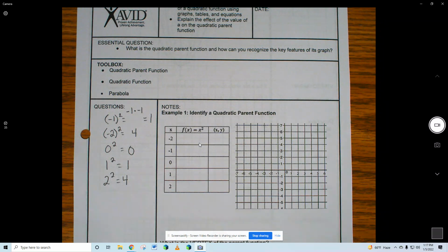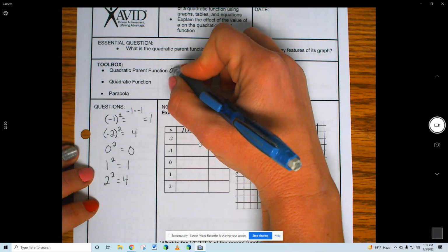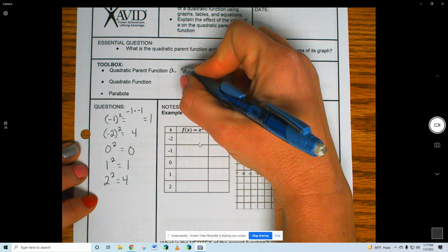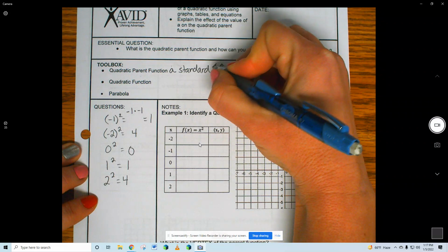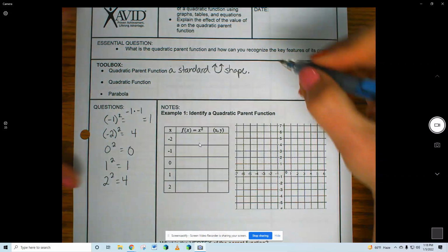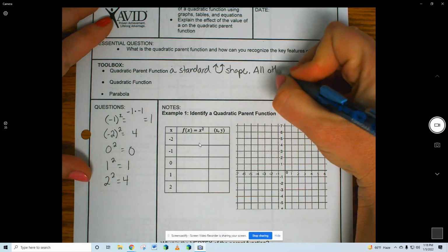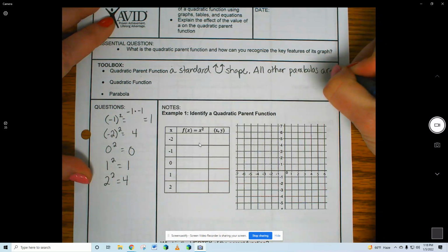Let's do some definitions. I've got quadratic parent function. The quadratic parent function is a standard U-shaped graph. All other parabolas are based on this.